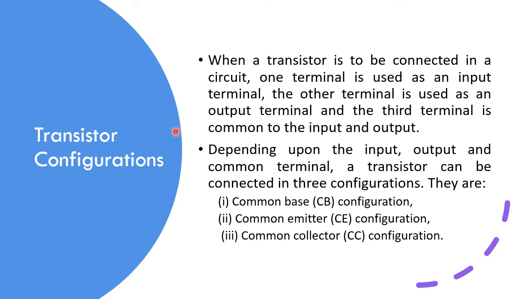Depending upon the selection of the common terminal, the transistor is connected in three configurations: common base, common emitter, and common collector. In common base, the base is common; in common emitter, the emitter is common; in common collector, the collector is common.